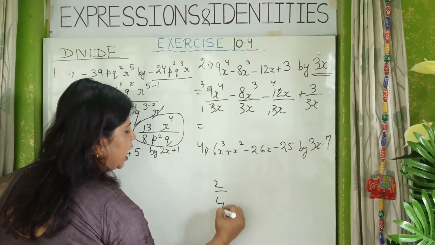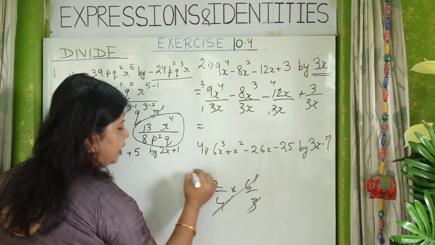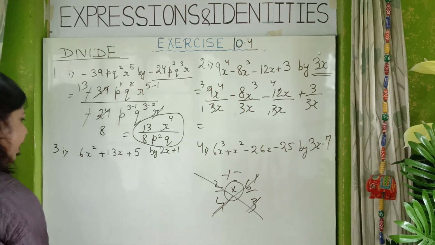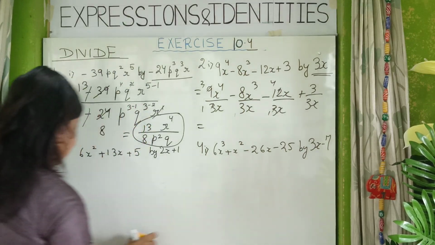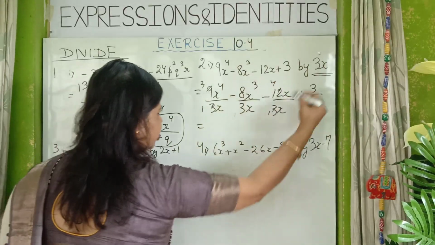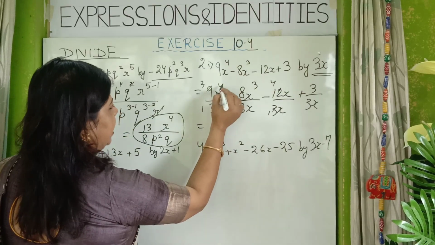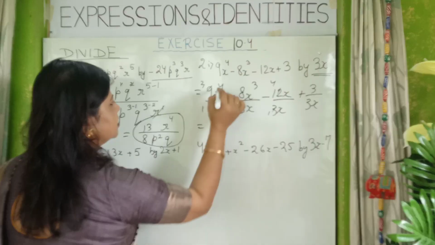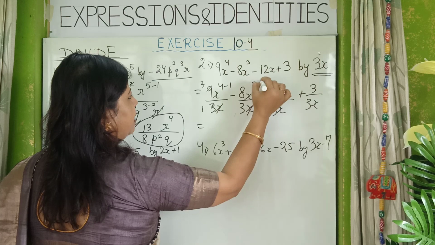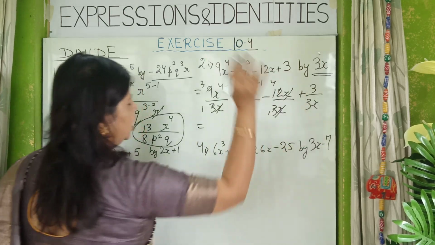So I can only cut diagonally, like 2 by 4 into 6 by 3, when there is multiplication in between. With plus and minus, we cannot do diagonal simplification. So up and down of the same fraction, we solve. See, x4 and x: this x cancels off, 4 minus 1. x3, x cancels off, 3 minus 1. Here it is x, x goes. Here only 3x.